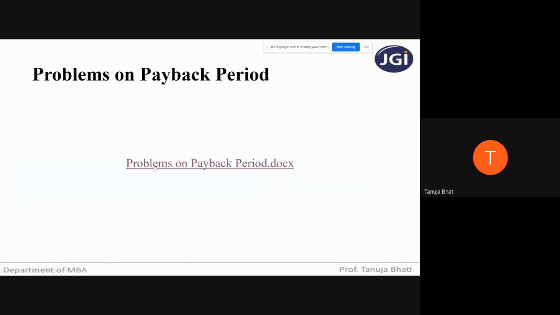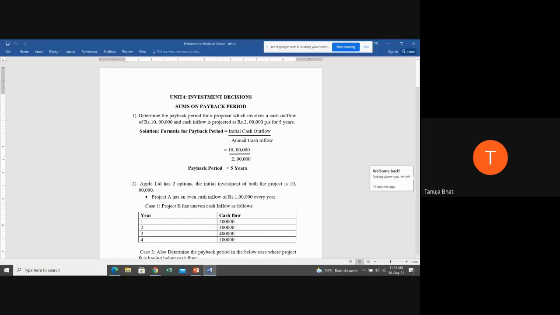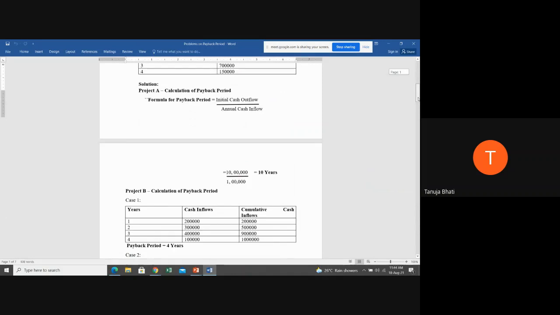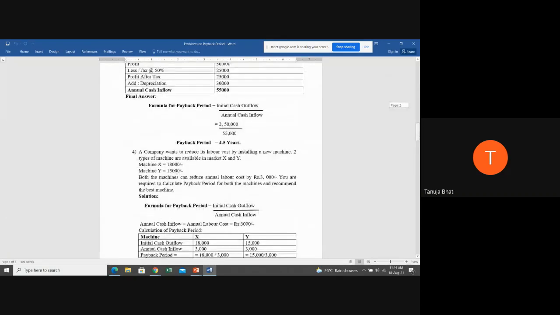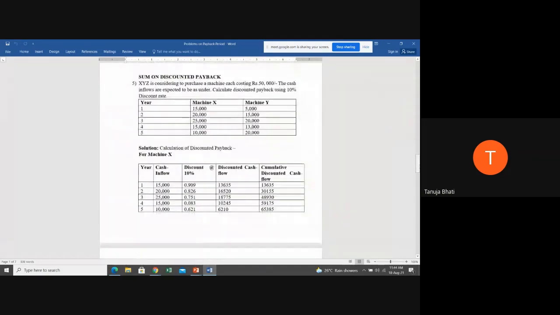So now let us see whatever theory I have explained, practically. First, we will see sums on discounted payback period. Now, is this screen of problems clear to everyone? Yes?